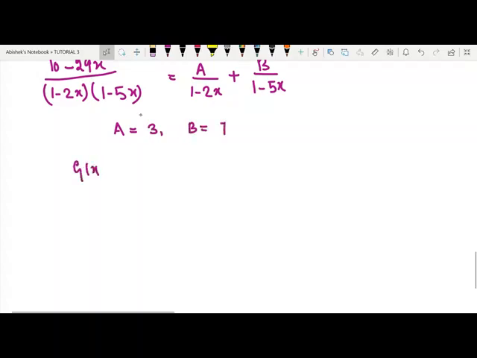So g of x equals 3 by 1 minus 2x plus 7 by 1 minus 5x.